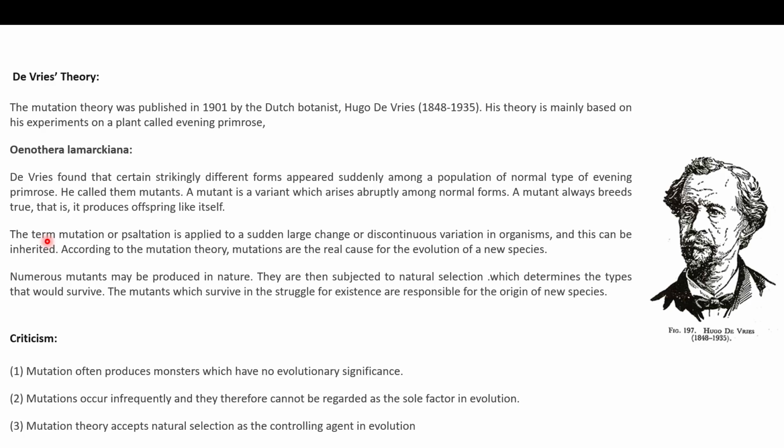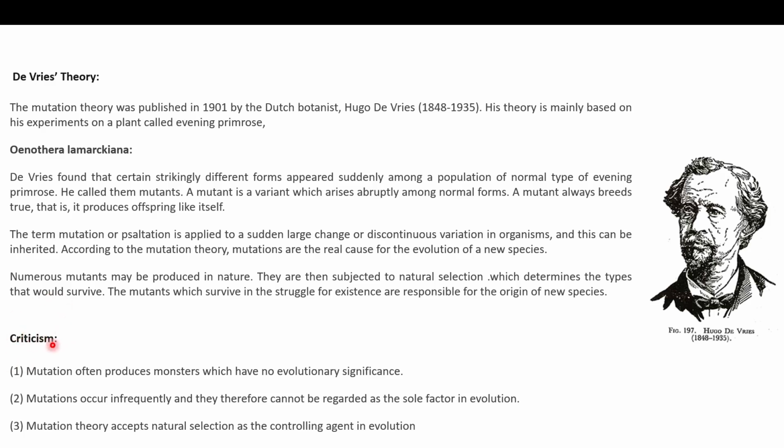The term mutation or saltation is applied to a sudden large change or discontinuous variation in organisms, and this can be inherited. According to this theory, mutations are the real cause for the evolution of a new species. Numerous mutants may be produced in nature. They are then subjected to natural selection, which determines the types that could survive. The mutants which survive the struggle for existence are responsible for the origin of new species.